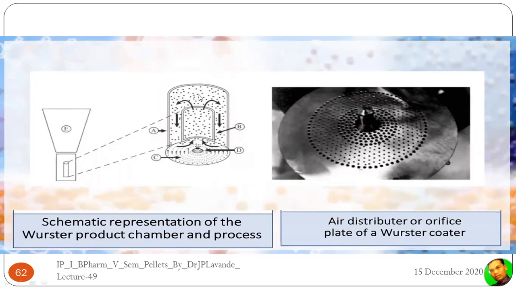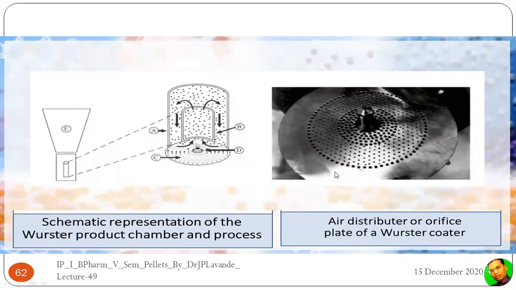And there is a flow of the pellets. They move upward from this side and come down, and this continues. Then these pellets come into chamber E, that is the expansion chamber, where they get expanded. And C is nothing but this orifice plate.